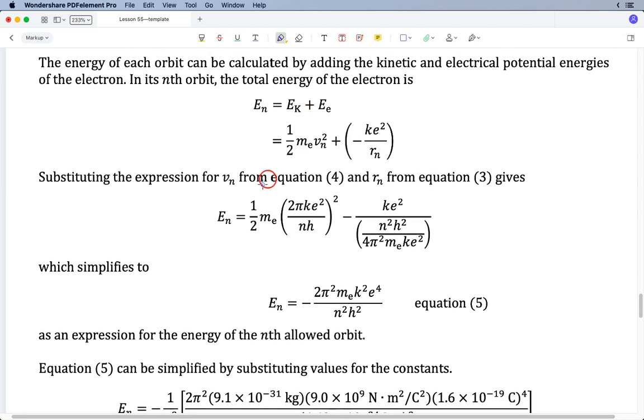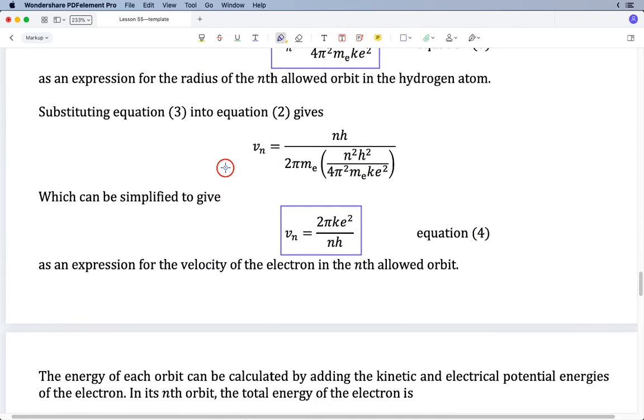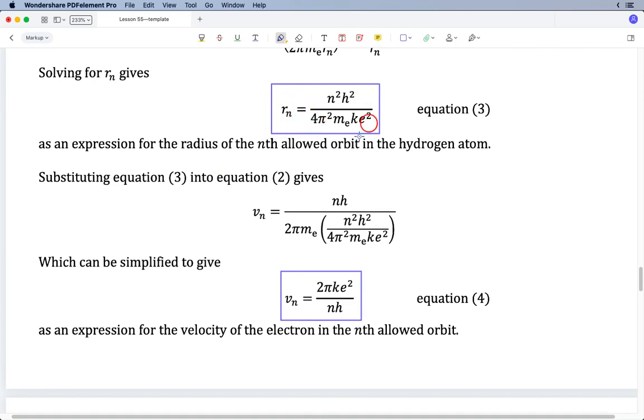Okay, and so now we can substitute our expression for Vn from equation 4 and Rn from equation 3. So these are just basically our two boxed equations. So this is our expression for Vn. This is our expression for Rn.